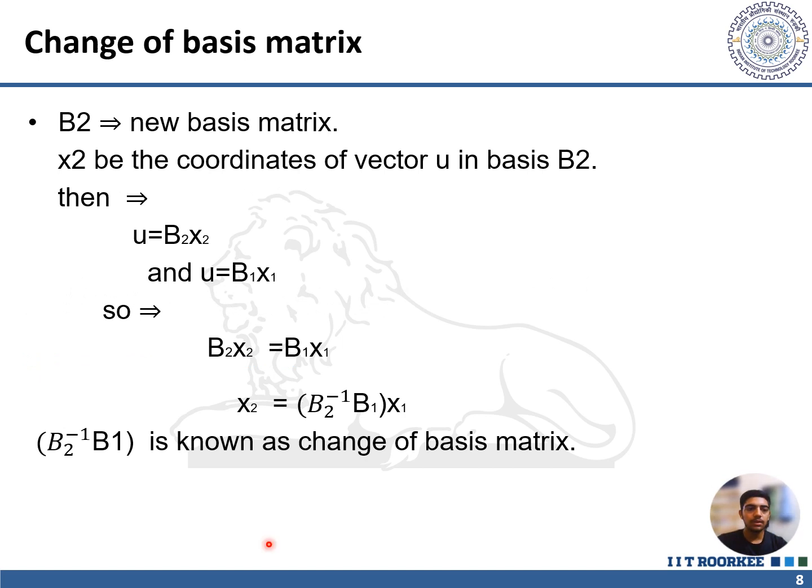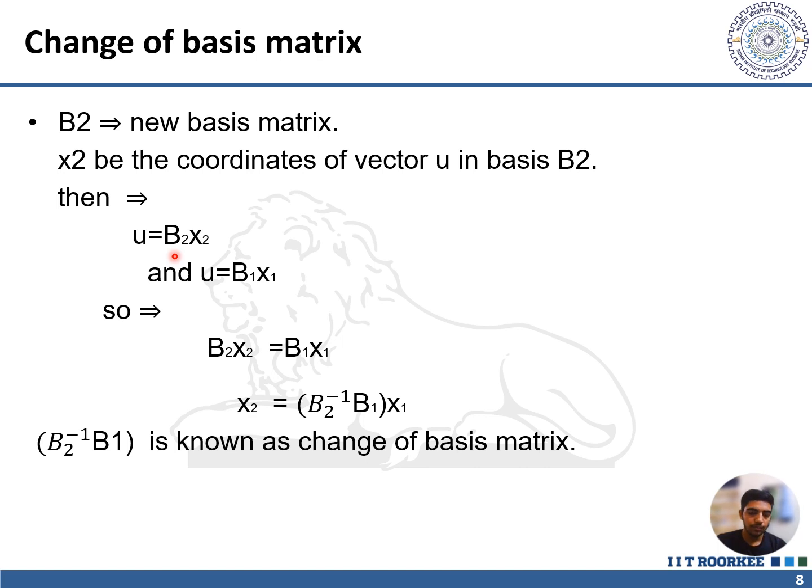Now we will discuss how we can find the coordinates of a certain vector if we know its coordinates in some other basis. Let's say we are given a vector u and its coordinates in the first basis b1, where x1 are the coordinates of the vector u in basis b1, and we need to find its coordinates if we change the basis from b1 to b2.